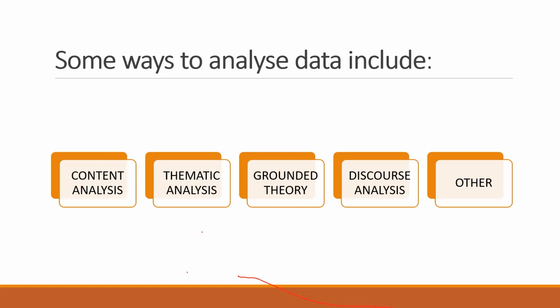So once you have your data, how are you going to analyze it? There are several ways to analyze qualitative data. I'm just going to talk about thematic analysis because that's a common way of analyzing data, but certainly in the appropriate situation, all these others are as important.